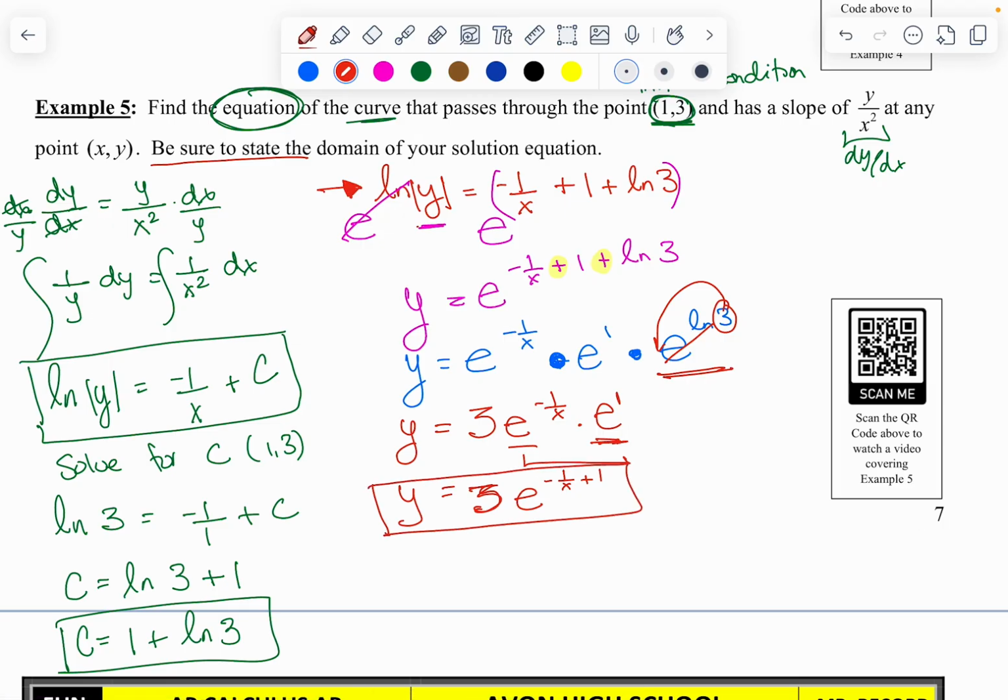Sometimes in multiple choice, if you have an exponent that looks like this, they might get a common denominator and bring these together. If they multiply the top and bottom by x, you end up with y equals 3e to the (x minus 1) over x, and that's the same thing. That is the original function given that slope.